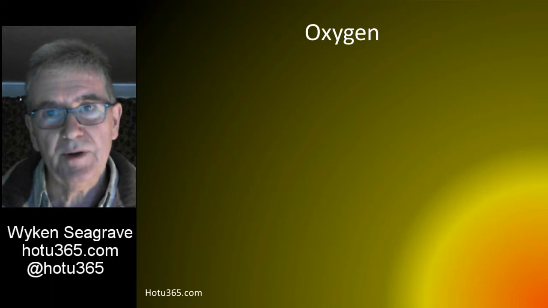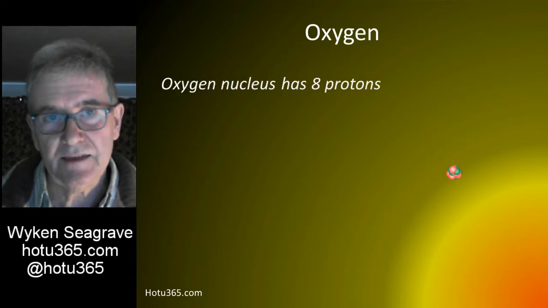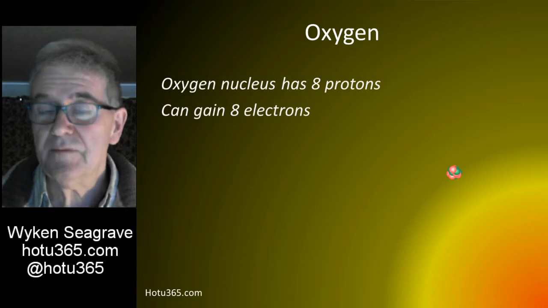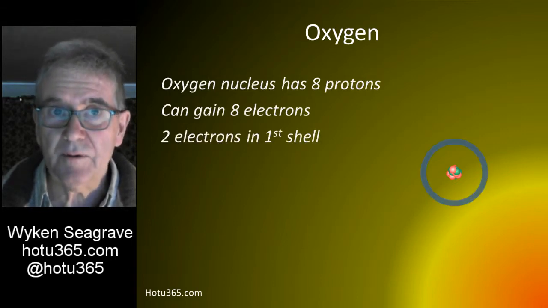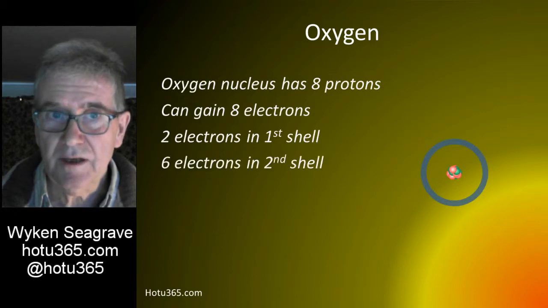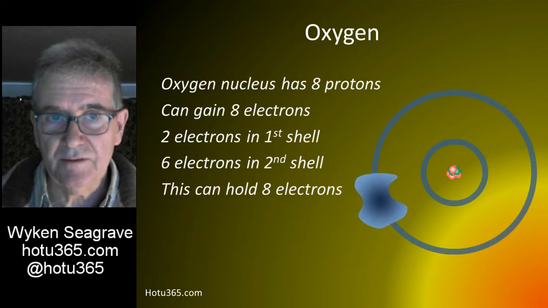So for example, let's think about the oxygen nucleus as it is ejected from a dying star. It has 8 protons, and therefore it can gain 8 electrons. The first 2 go into the first shell. The 6 electrons go into the second shell.